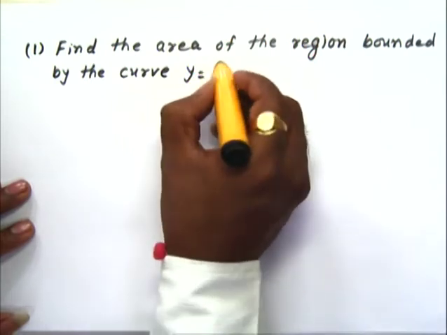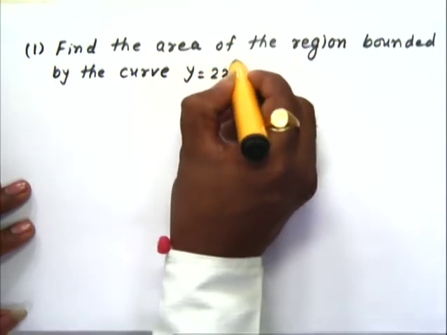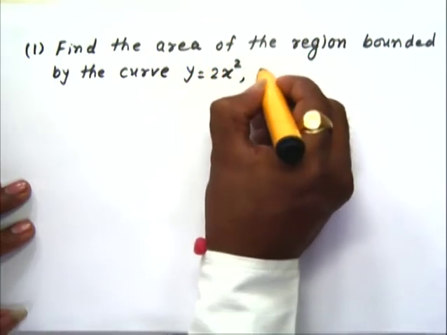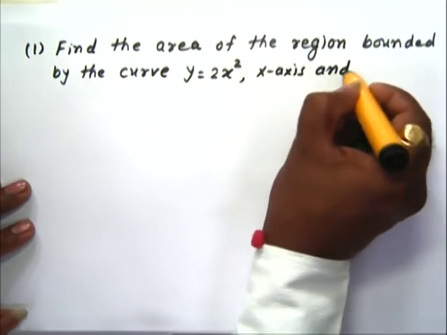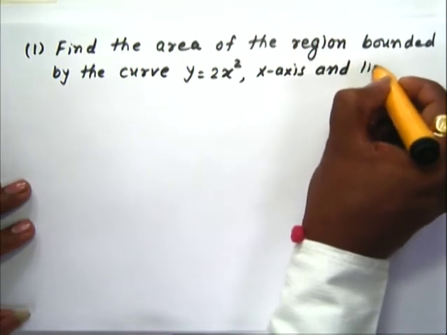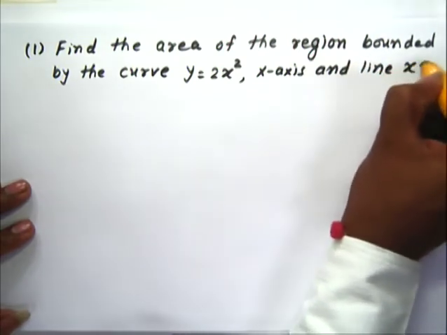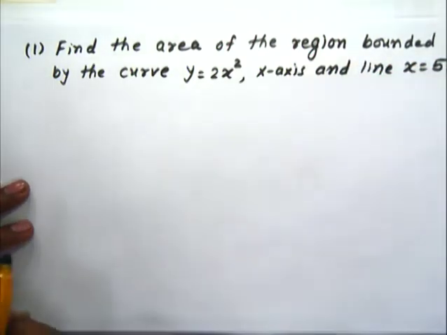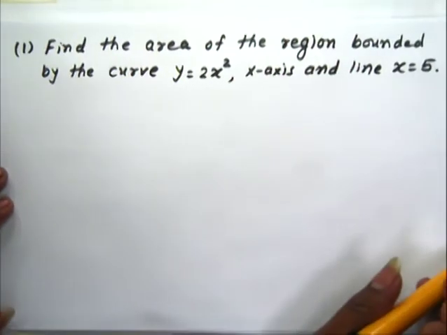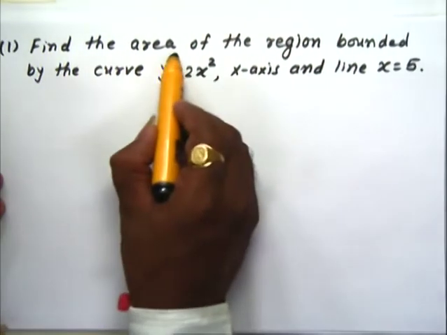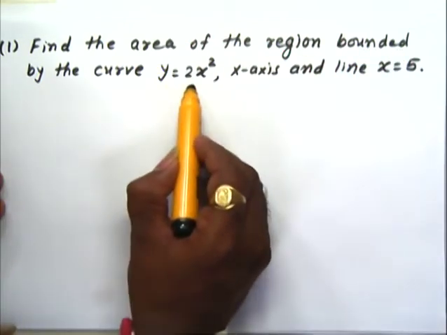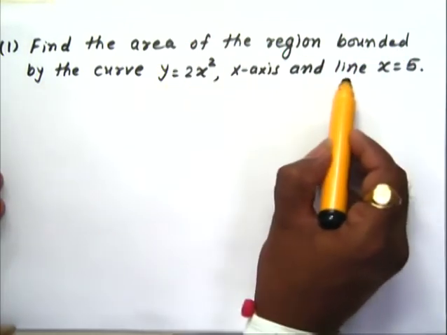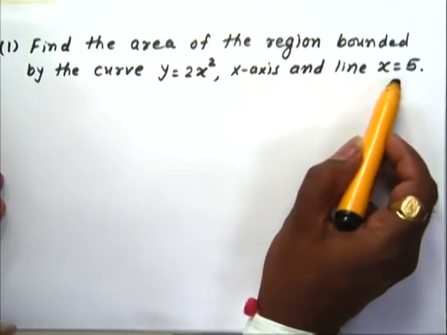y equal to 2x square, x axis and line x equal to 5. Our question is to find the area of the region bounded by the curve y equal to 2x square, x axis and line x equal to 5.